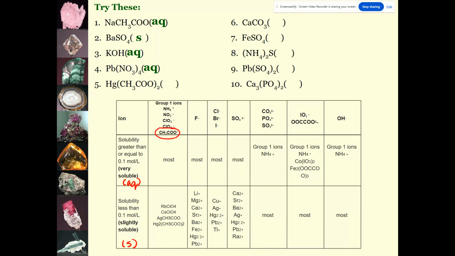Acetate is up here, and there is a mercury with acetate listed down here. But when there are two ions of mercury, and here there's only one ion of mercury, that's because mercury is multivalent. So it is not that compound, which means that this is actually going to be aqueous. So if it's a multivalent metal, you have to double check which charge it has to know whether it's solid or aqueous.